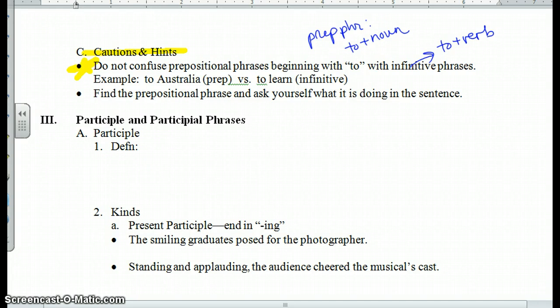So just make sure you're paying attention to which structure you have. An example, to Australia is a prepositional phrase versus to learn, which is an infinitive phrase. So what I would recommend is to find the prepositions first, then go back and label each one by asking yourself the key questions and pointing at those words. So good luck with prepositional phrases.